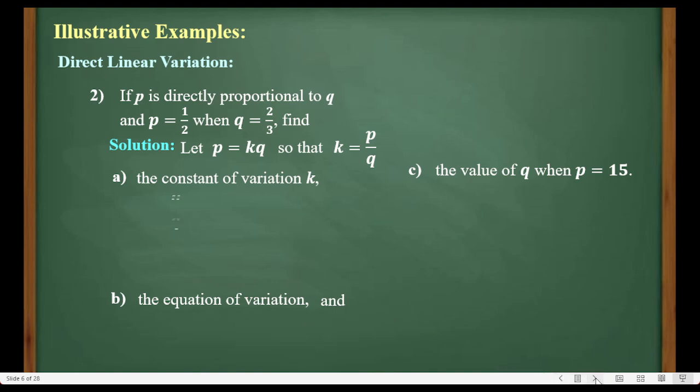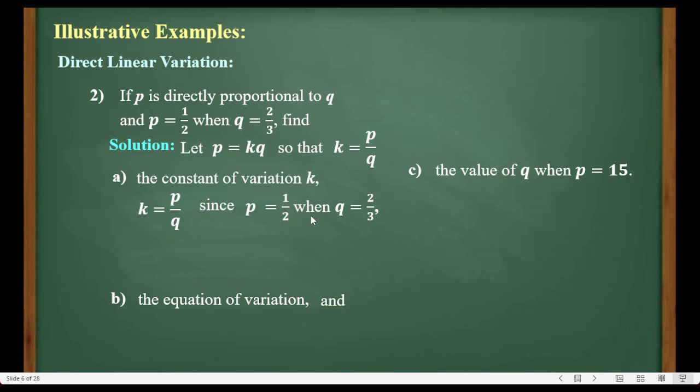Next, using that formed equation, solving for K, we use the initial values of P and Q to solve for the value of K. That will be P is 1/2 while Q is 2/3.